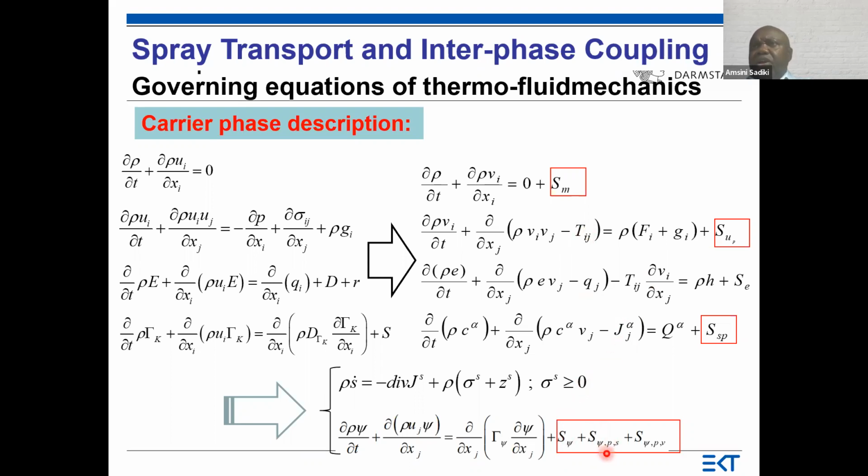And this one accounts for the presence of particles if we don't have an evaporation process or phase changes or chemical reaction. Here, if we have the evaporation process, this one can also be the source term of chemical reaction. So we have this set of equations, and also our transport equation for the particle.